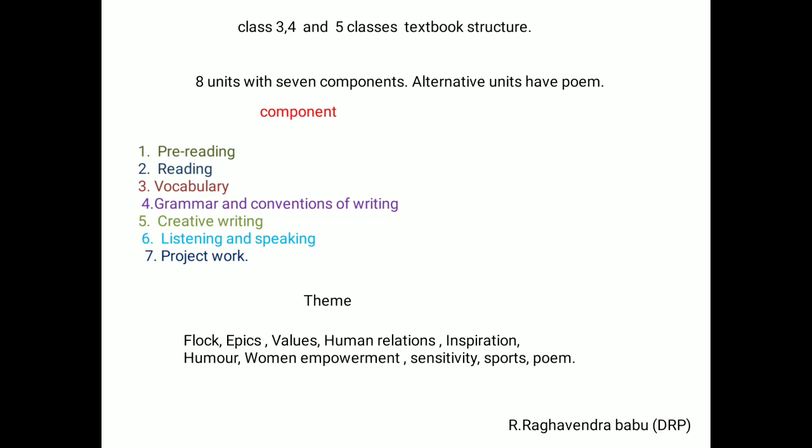That means kith and kin, the relationship between the father and the mother, or a friend, are given in the form of themes. Inspiration, that means about the great leaders, great sportsmen, great athletes. The stories are given. Humor, which leads to fun and enjoyment. And women empowerment, about the great women.